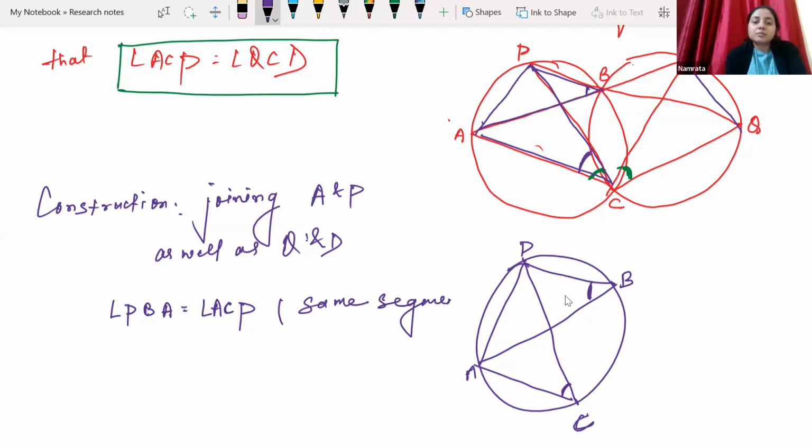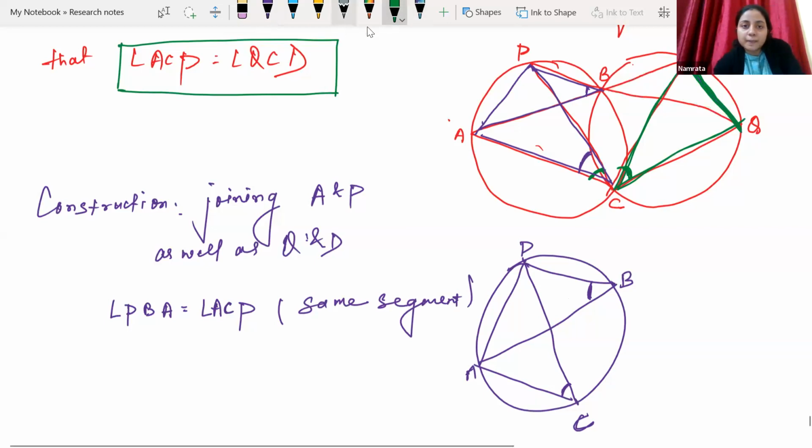You need to write the complete theorem. Similarly, if we focus on this QD, the green one, here, can we say that this angle and this angle, I'm talking about this angle, this glittery one and this glittery angle, these two will be the same.